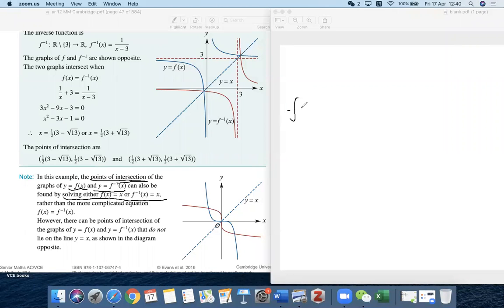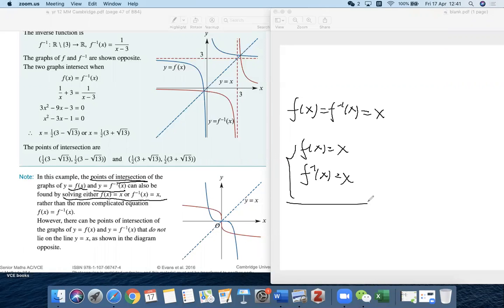So instead of solving the full equation, we can do this. It reduces a lot of calculations and saves us a lot of time.